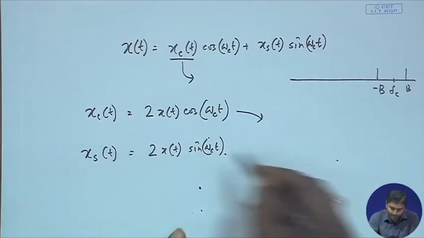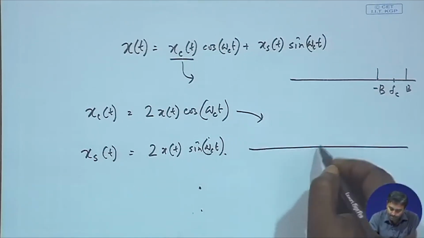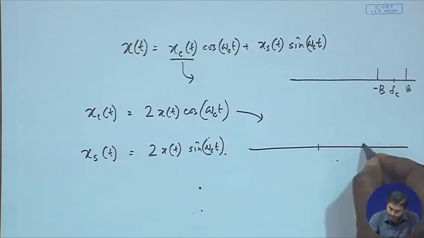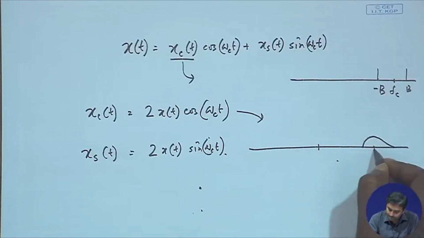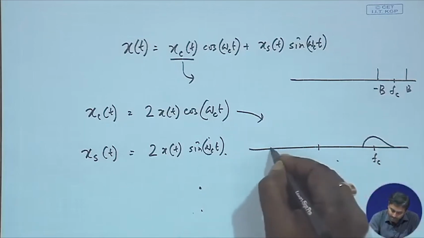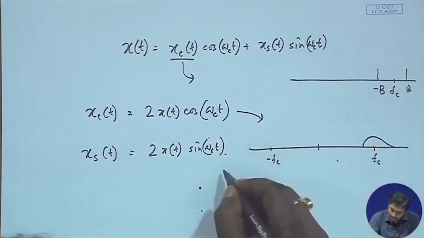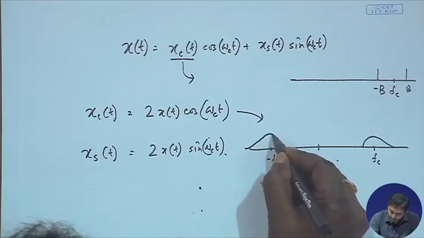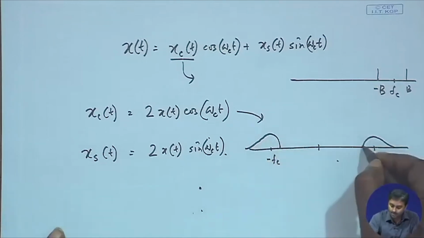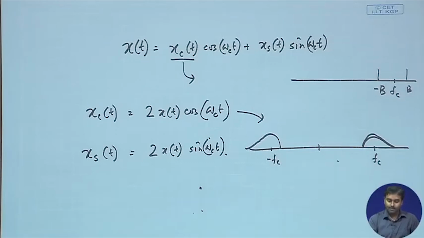So, let us first try to see this one. What happened, my x t, suppose that looks like something like this. Let us say this is f c, it must be symmetric, so something like this. Okay.